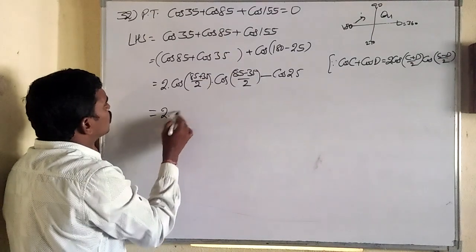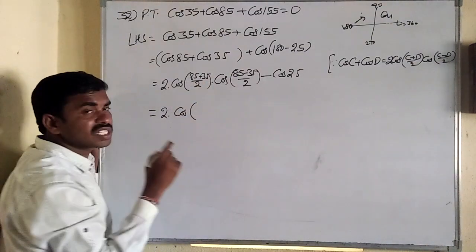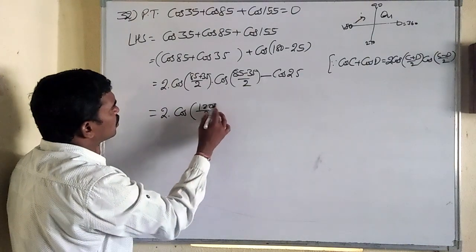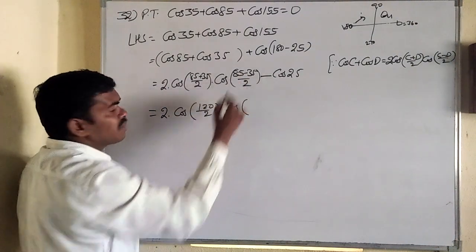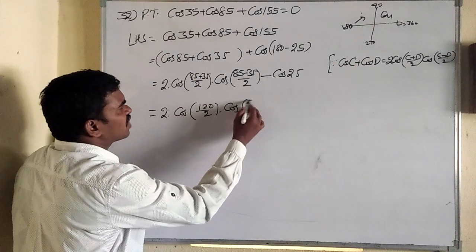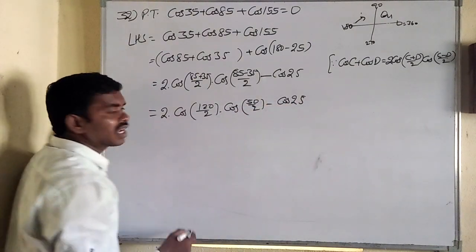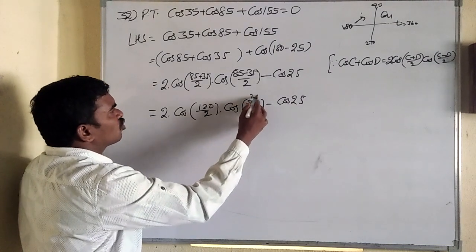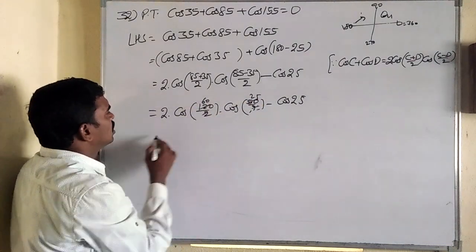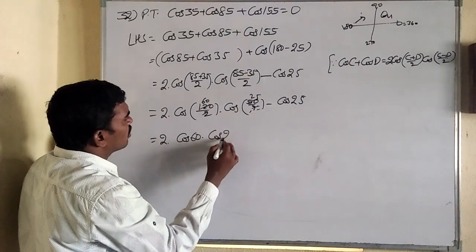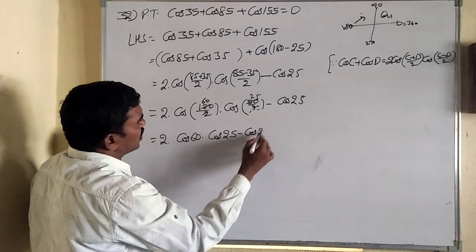Now 85 plus 35 is 120, so 120 by 2, and 85 minus 35 is 50, so 50 by 2. So minus cos 25. Cancelling, we get 2 into cos 60 into cos 25 minus cos 25.